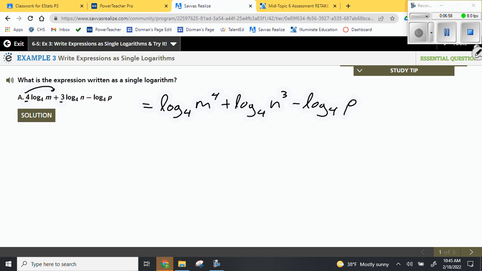Now I'm going to use my product rule. Okay, product rule coming up first. So I'll write this as log base 4 of m to the fourth n cubed minus log base 4 of p.